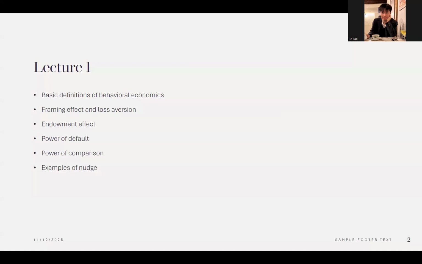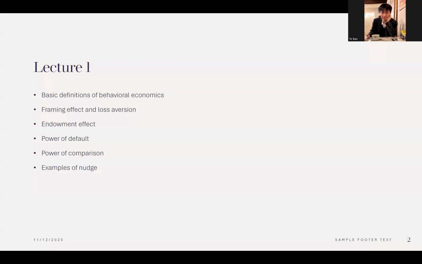From the traditional economics point of view, framing should have no impact on decision making at all. Traditional economics is basically frame free. You should only make decisions based upon the profit or utility maximization principle, and your decision shouldn't be influenced by the framing.